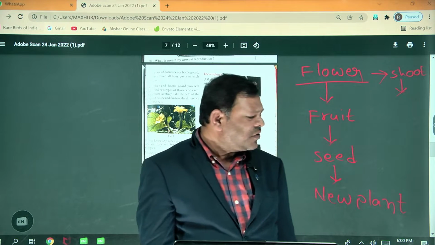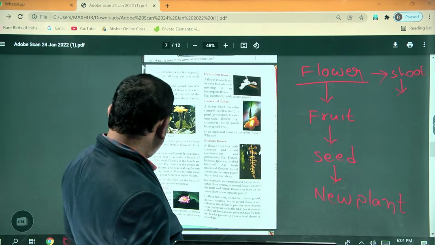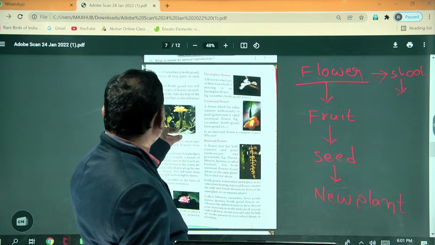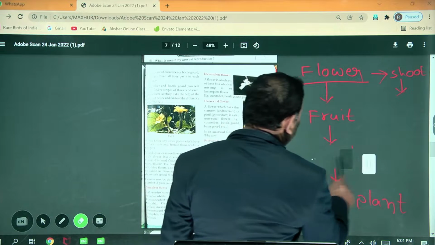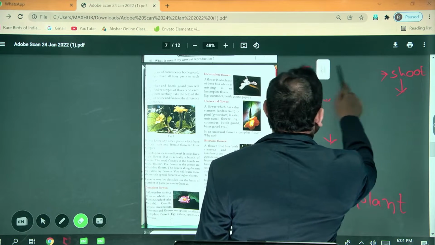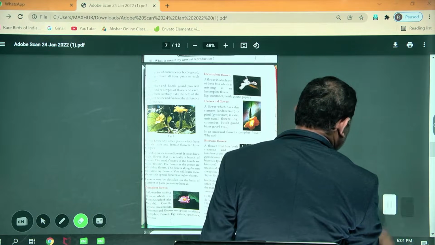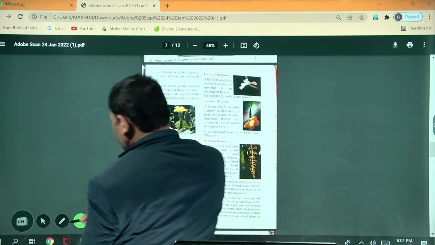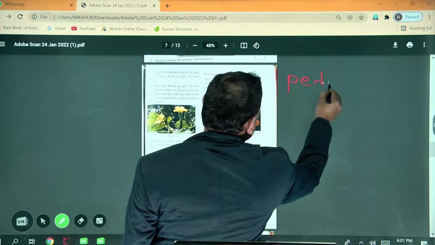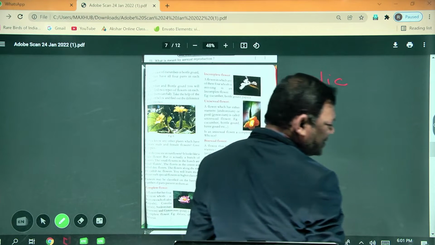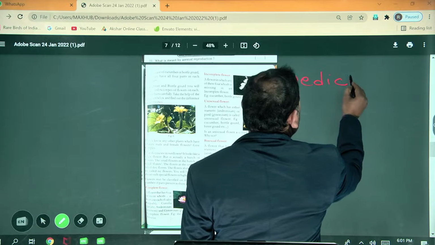If you see the flowers, you can see a stalk-like structure present in the flower. If you see any flower, that stalk-like structure is called the pedicel.